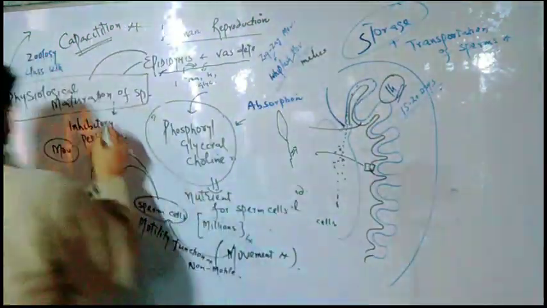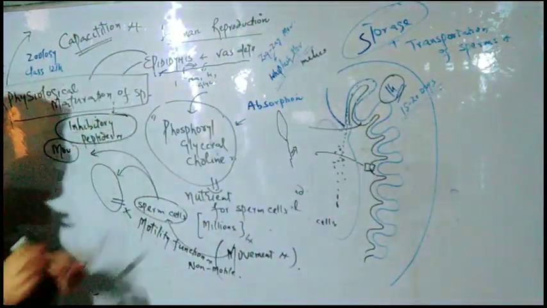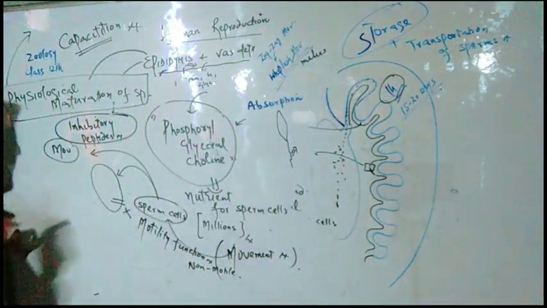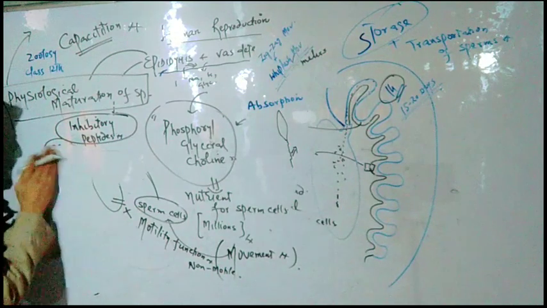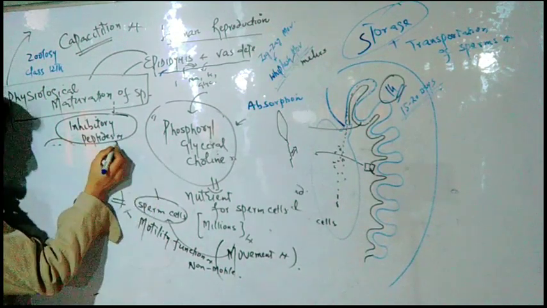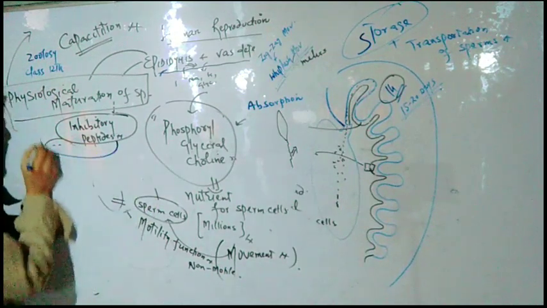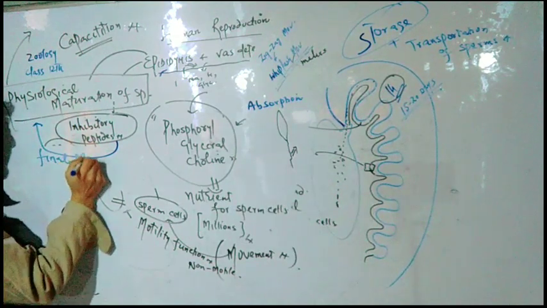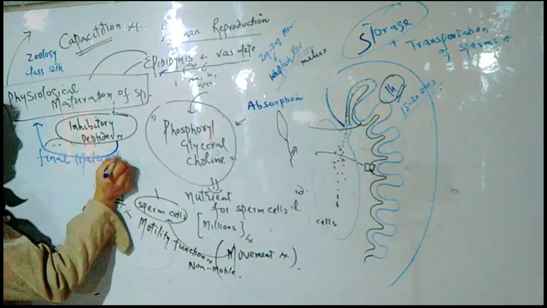Simultaneously, right now I told you that the wall of epididymis produces inhibitory peptides. It is these inhibitory peptides that prevent final maturation of sperm cells.